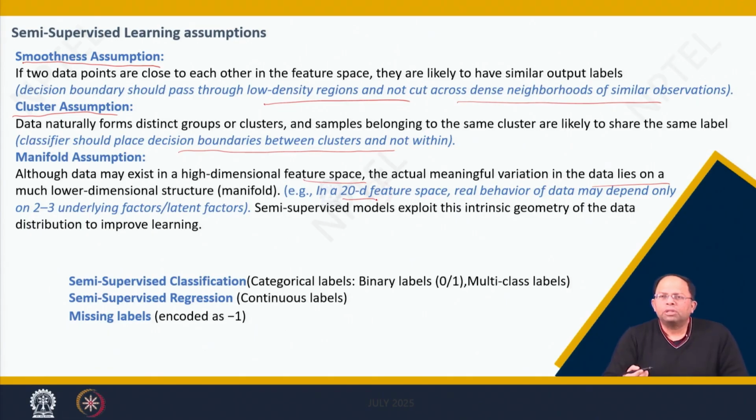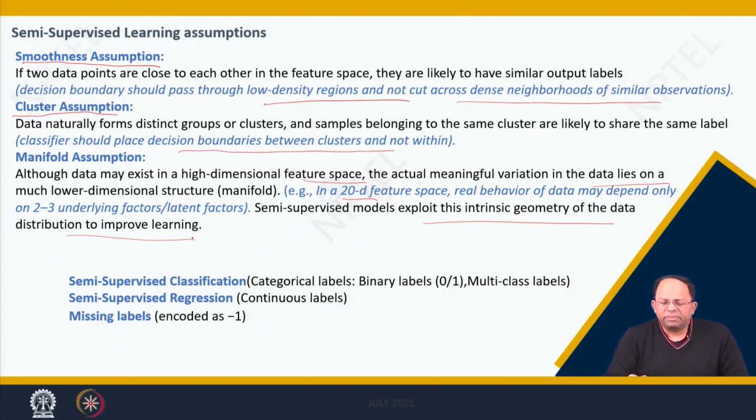That approach could also be used here. Semi-supervised models exploit this intrinsic geometry of the data distribution to improve learning. When you reduce the dimension of the data, it is easier to find meaningful relationships between the different samples that we have. That is why bringing down the dimension makes it easier to do prediction and to find the relationship between the features and so on.